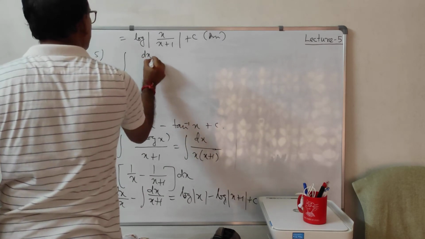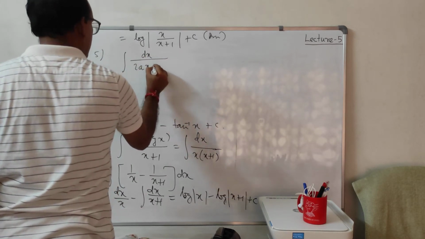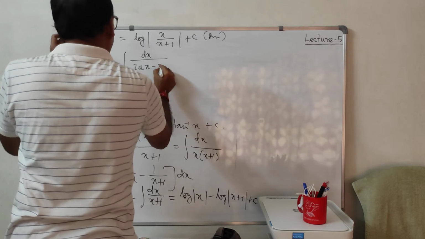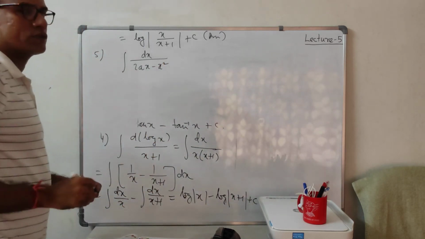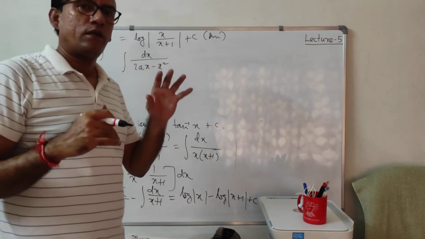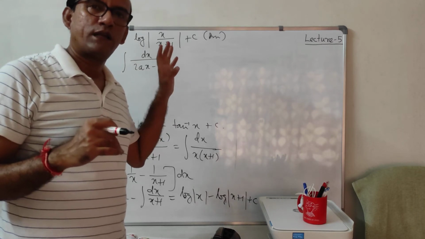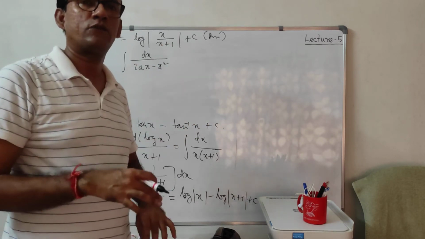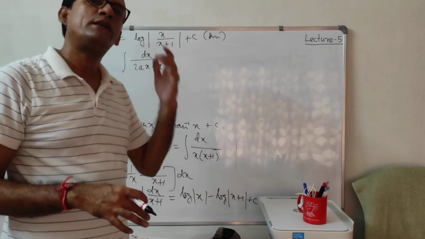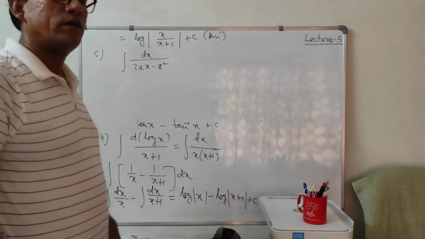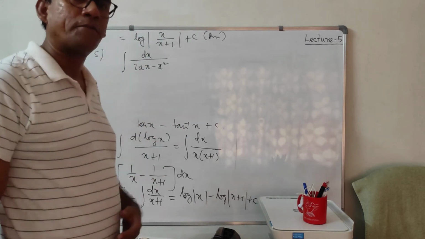Integration dx by 2ax minus x square. Always keep in mind all the 5 standard integrals. In addition to that, all the standard integrals you have so far.